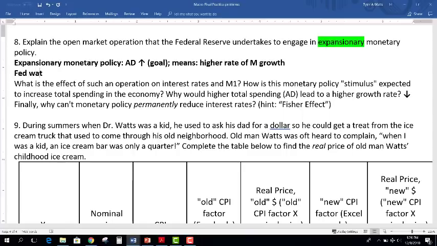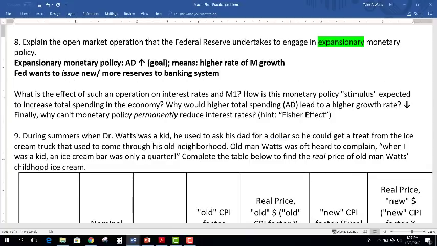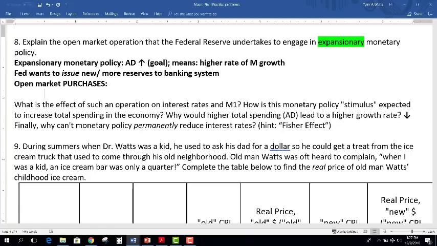Fed wants to issue new, more reserves to the banking system. The tool that we'll use to do that is open market purchases, right?